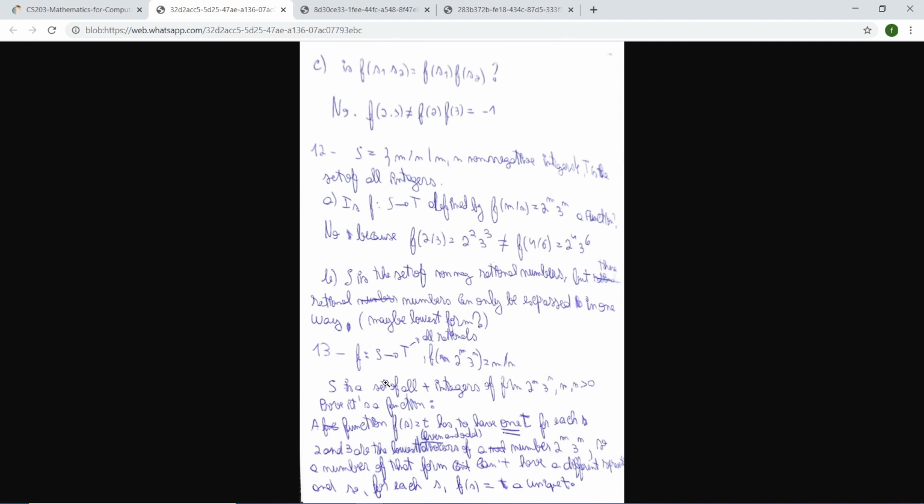And this works because we have a number 2 raised to m times 3 raised to m. This would be the lowest divisors of a number that can be written this way, because like 4 can be expressed as 2 raised to 2.